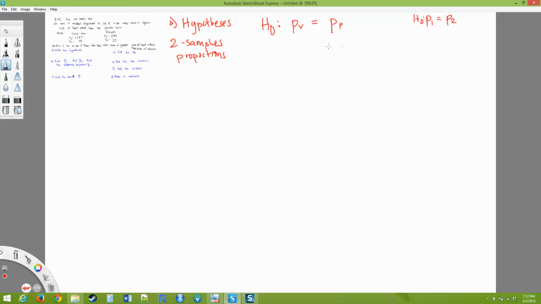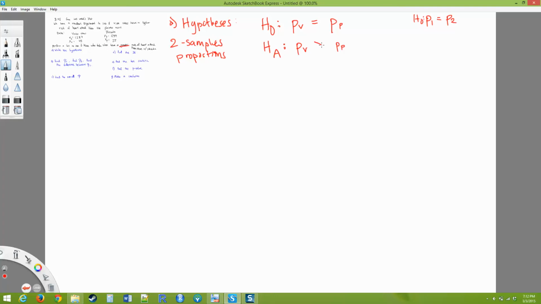Okay. And then the alternative, when we read the problem, okay, it's going to still be P Vioxx versus P placebo, but now we want to know, do we use greater than, less than, or not equal to? Okay, the null hypothesis always has an equal sign. The alternative is going to have what? Okay, when you read the question, it says perform a test to see if those who take Vioxx have a greater rate of heart attack.